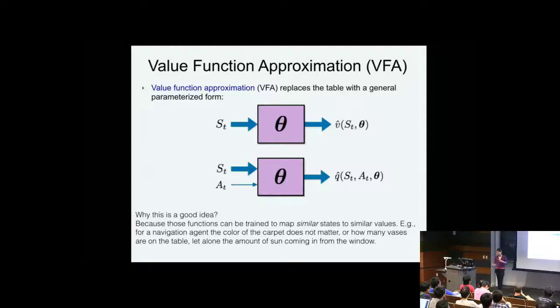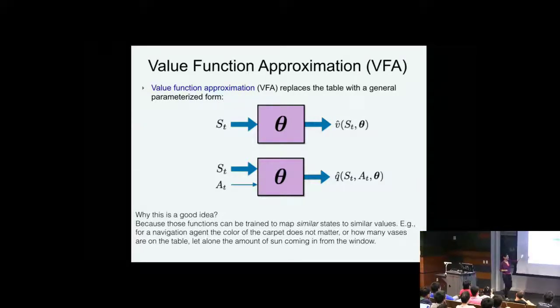If every state of the room were a different row of the table, each time you change the carpet, you would say, oh, I don't know anything now. I really need to explore again. Does this make sense? So this mapping function needs to learn what's important and what's not important, and ideally ignore what's not important, and in this way bring dissimilar states close by and share information across.